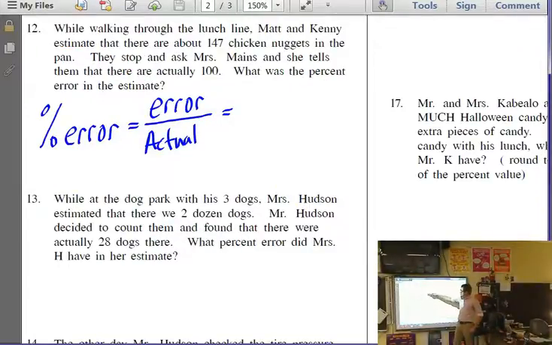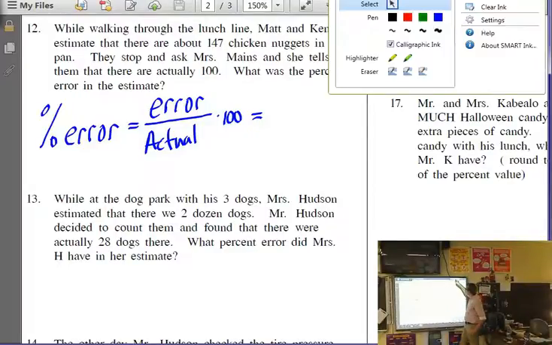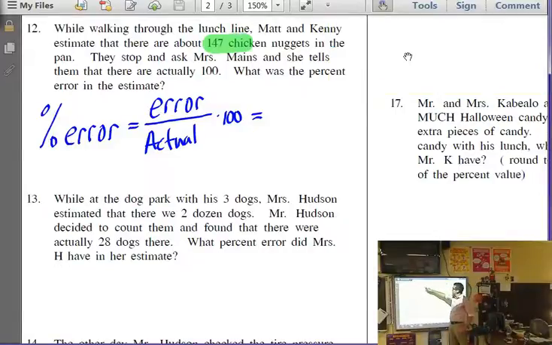So really it's part divided by whole, and then as always with percents, we're going to have to multiply by 100. But in percent error, our part is the amount of error, and the whole value is the actual. So in this situation, Matt and Kenny are walking through the lunch line, estimate there are 147 chicken nuggets. If there are actually 100, their amount of error would be the difference here, which is 47.